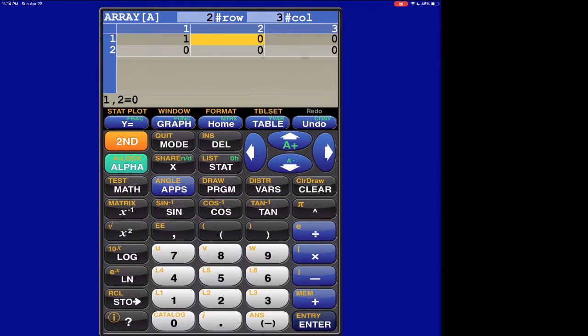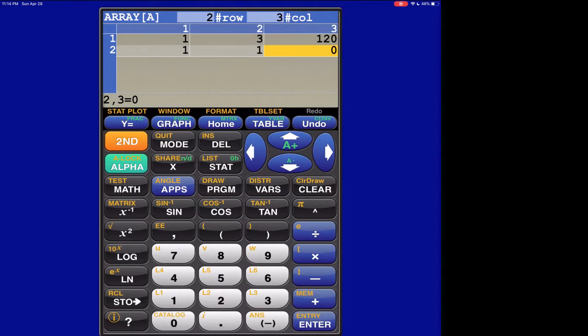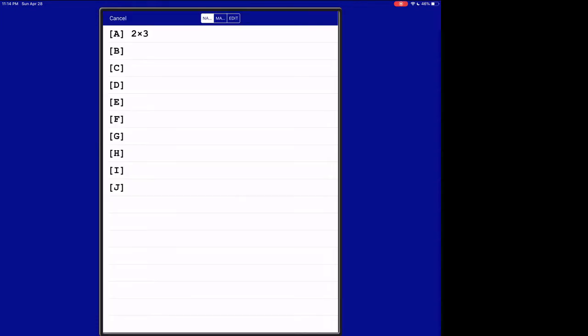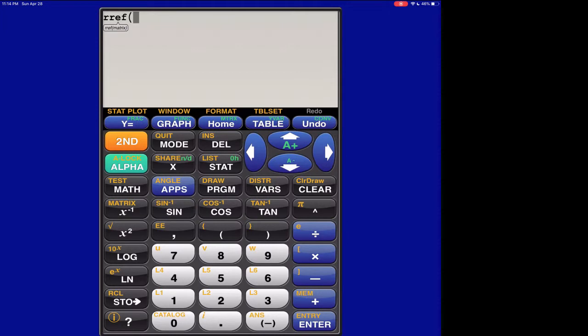It's going to be 1, 3, 120, 1, 1, 70. Second quit. Go back into matrix, math. I want to do RREF, second matrix, A, close parentheses.